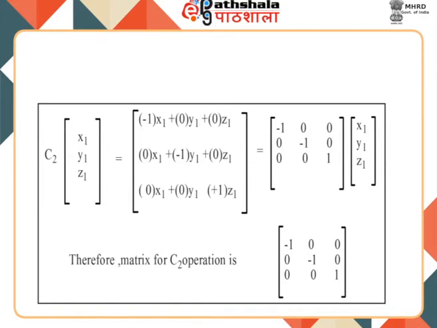In matrix form these equations can be written down as shown. C2 operated on x1, y1, z1, and we get the matrix corresponding to the C2 operation as minus 1, 0, 0, 0, minus 1, 0, 0, 0, 1.